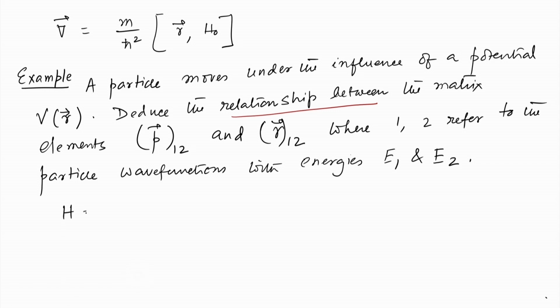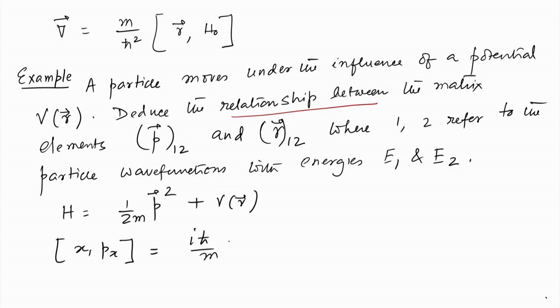So, H is equal to 1 over 2 m P square plus V of R. Take the commutator of R with H, or rather just do it component wise, which is easier to understand. It is i h cross by m Px, which also gives that Px is equal to i h cross del x.